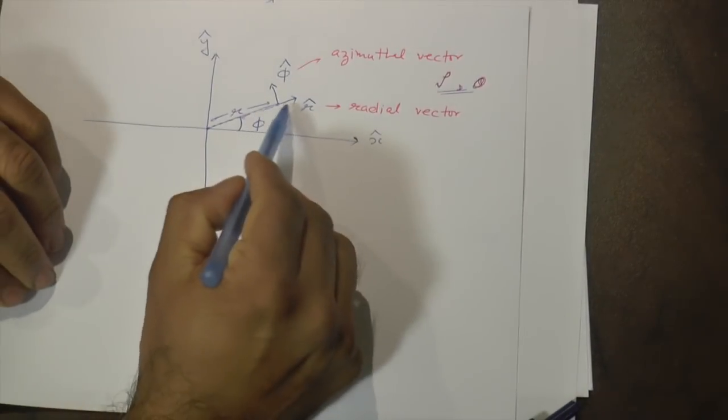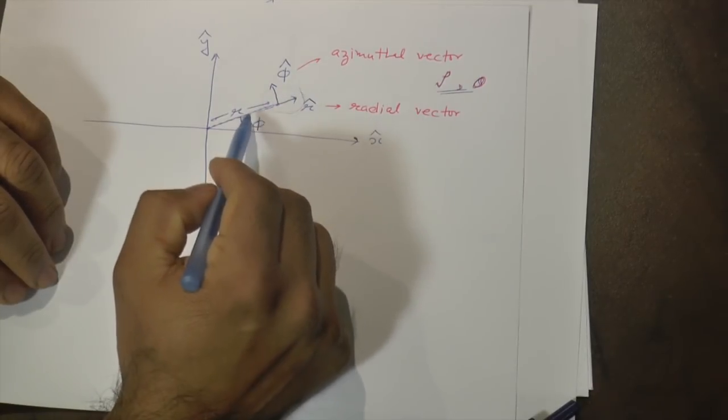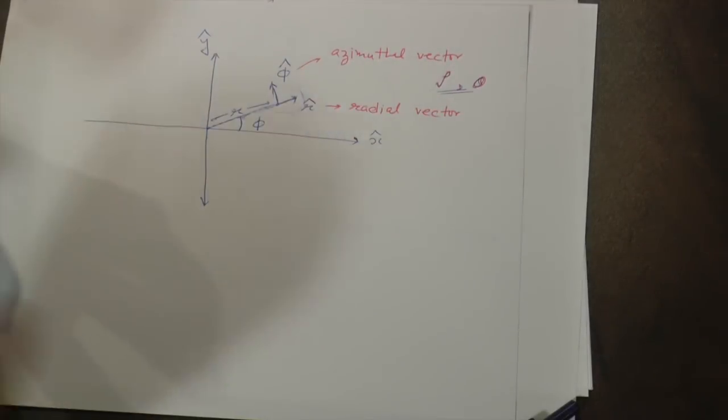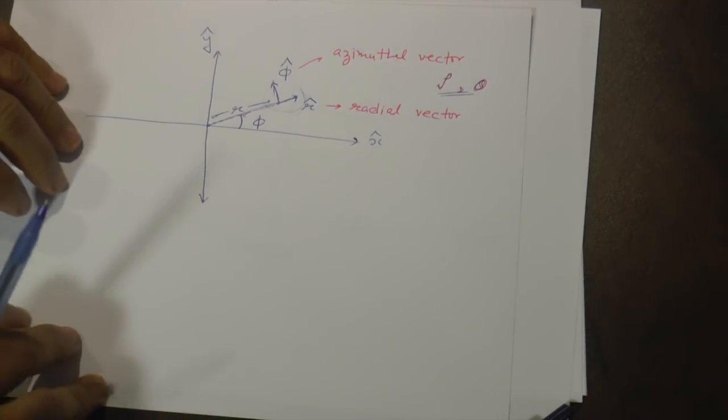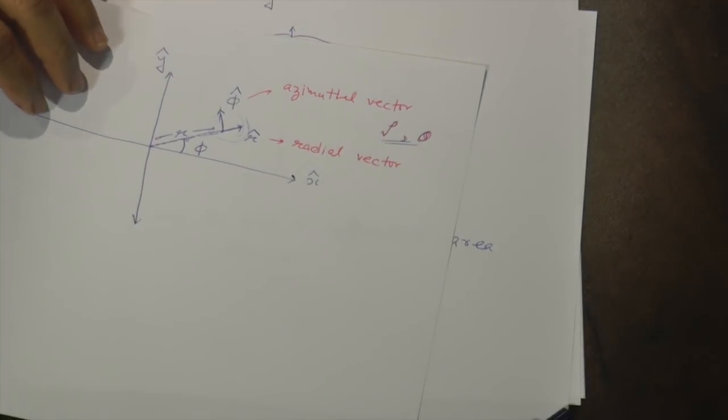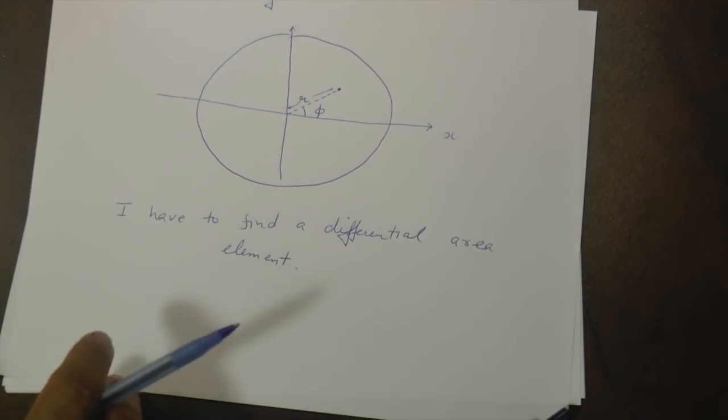Now I want to use polar coordinates, and I want to move either in r direction or in phi direction. These are the only two directions I want to move in, and I want to define my differential area based on these two directions.